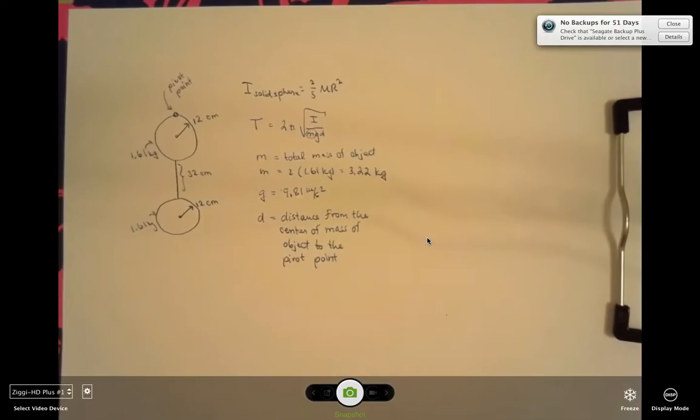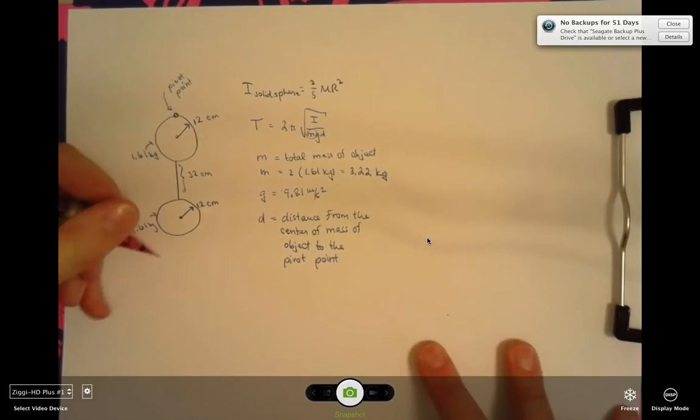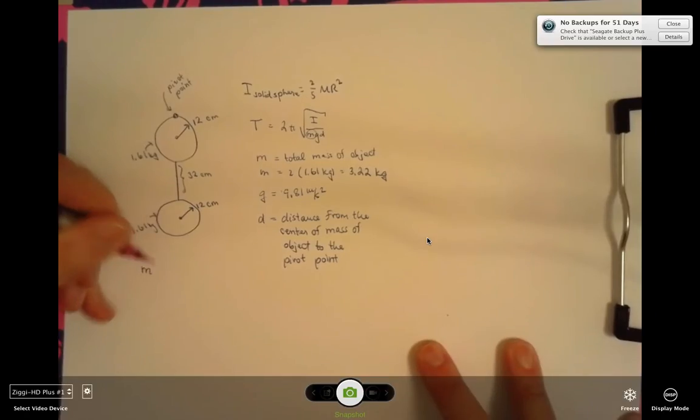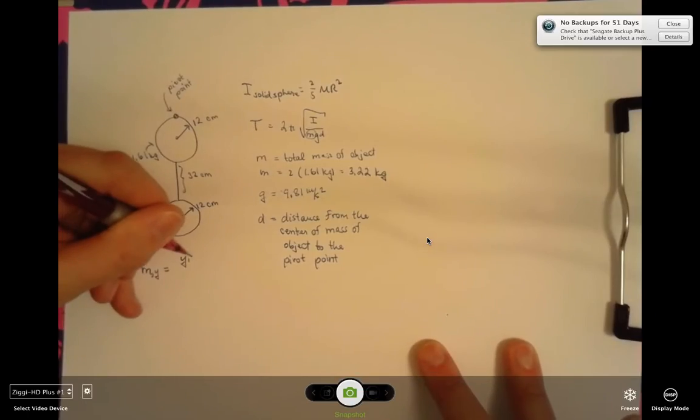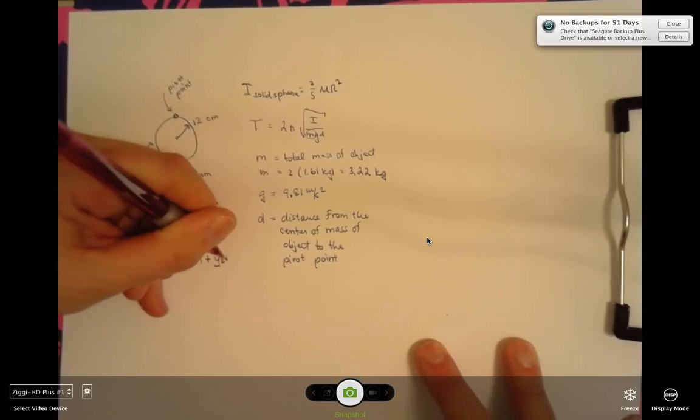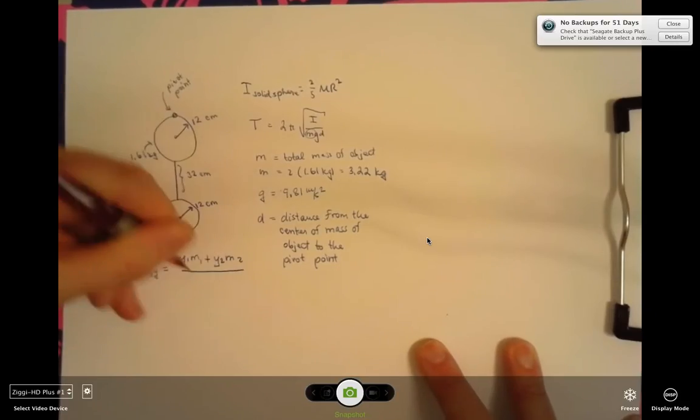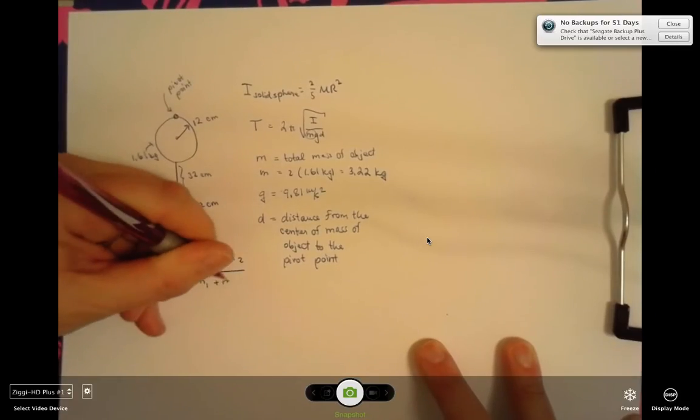As far as finding the center of mass goes, there were two ways you could do it. I gave you an equation for it on the front page of the exam. The center of mass of an object in the y direction would be the y-coordinate of something times its mass plus the y-coordinate of something else times its mass, divided by the sum of the masses.